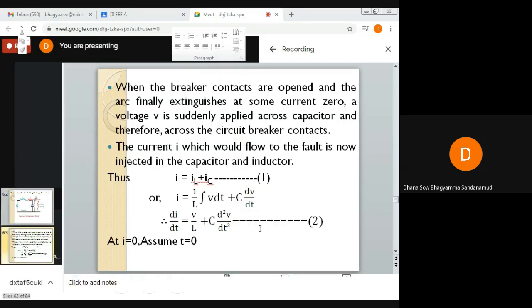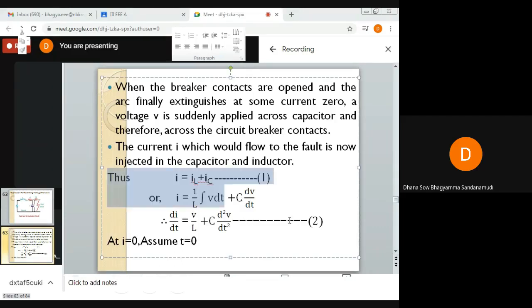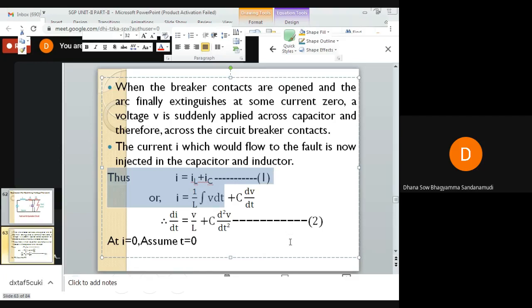I hope you have your notes and pen in your hands. Start writing. The current that flows due to the fault into the capacitor and inductor is I equal to IL plus IC. IL is one by L integral V dt, and IC is C into dV by dt.